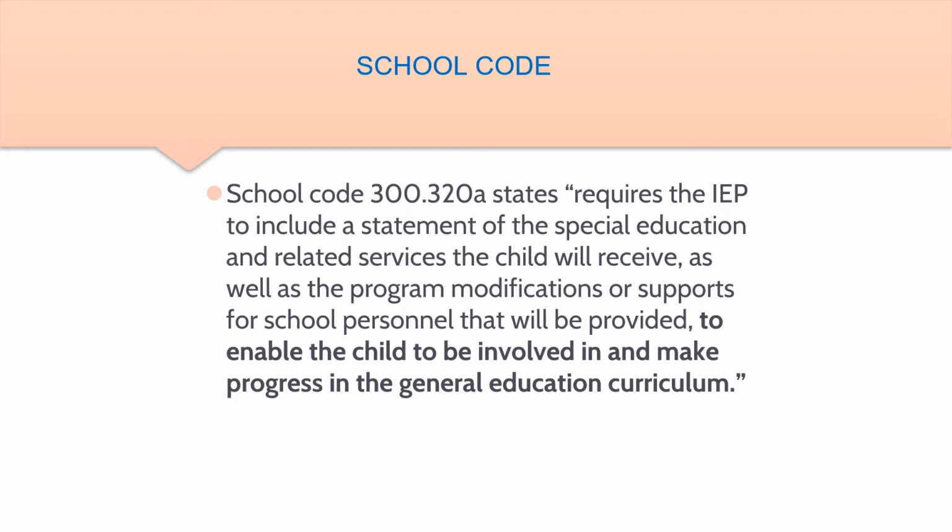And we are including this because we want to enable the child to be involved in and make progress in the general education curriculum. So I include this to say that the point of any kind of therapy or any additional supports and modifications that we're giving children in our blended classroom is all to help them make progress in the general education curriculum. So, what needs to be in place so that child can be involved and make progress?